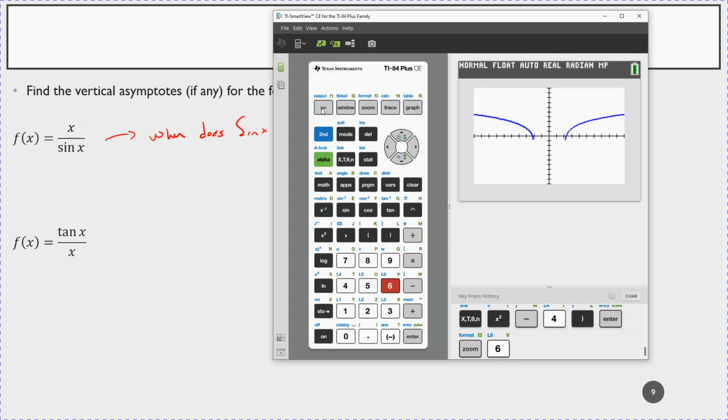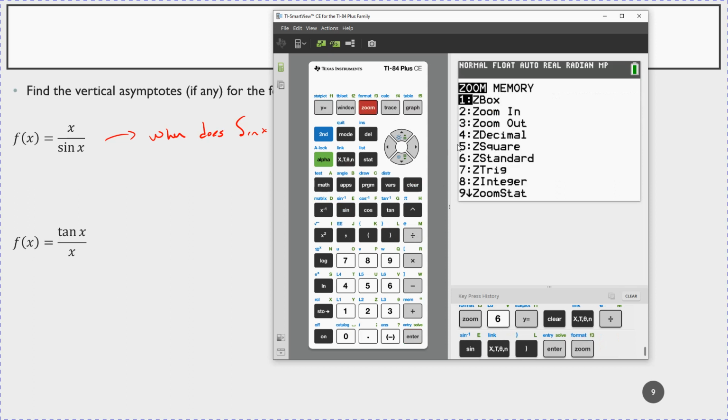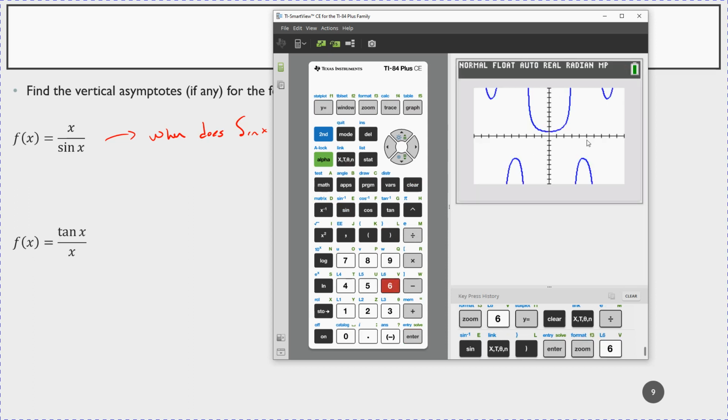So let me show you. So y, let me clear this out, x divided by sine of x. You can see here, this is what the graph looks like, right? So at 0, when x is equal to 0, boom, there is no vertical asymptote here, okay? You got it right there. Boom, boom, boom.